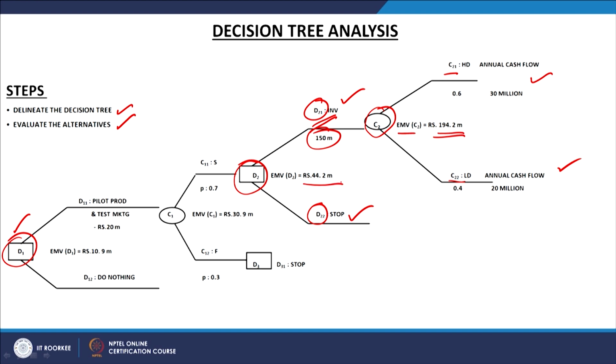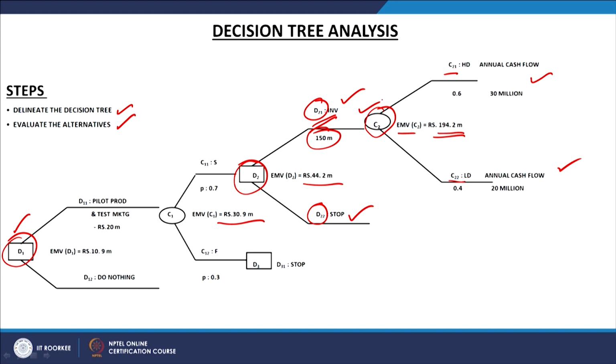These values we have to work out on the basis of the present value analysis of the cash inflows, and then apply the same concept of NPV, where we subtract the cash outflows from the present value of the cash inflows to find out the NPV. If the NPV is positive, we will take the decision. If NPV is negative, we will abandon the decision.